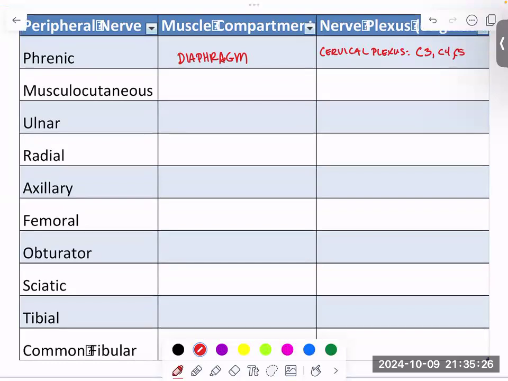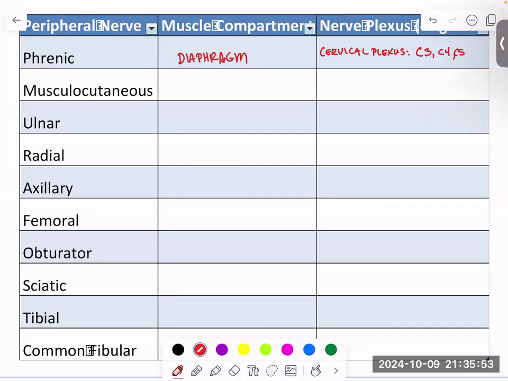I want you to be able to tell me which nerve innervates the biceps brachii. Which nerve innervates the biceps brachii, folks? The anterior arm. Musculocutaneous.